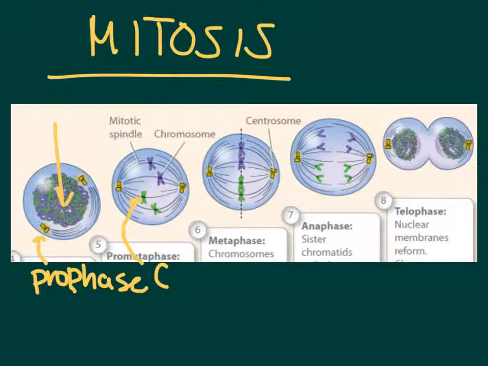And the centrioles have migrated to completely the opposite sides of the cells. Chromatin is completely condensed into chromosomes. And centrioles have finished migrating to opposite sides of the cell.